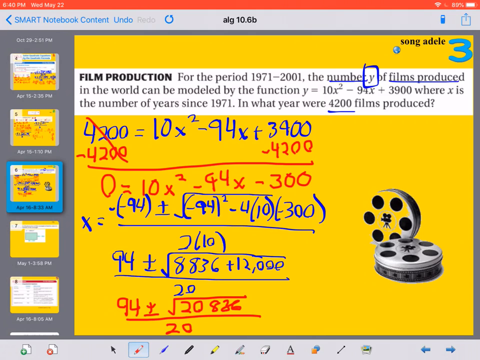So the square root of 20,836 is, I'm going to put that in my calculator, 144.35. So I'm going to have 94 plus 144.35 over 20.